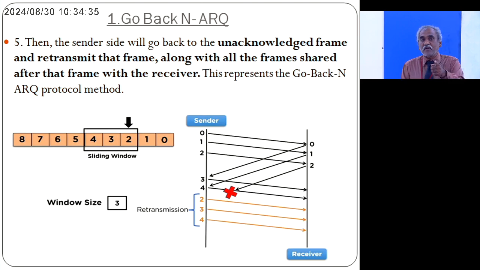You see the diagram now. So all the subsequent frames 2, 3, 4 I am going to resend. The sender resends frames 2, 3, 4 to the receiver, all the subsequent frames, right? This is the technique we call Go-Back-N ARQ.